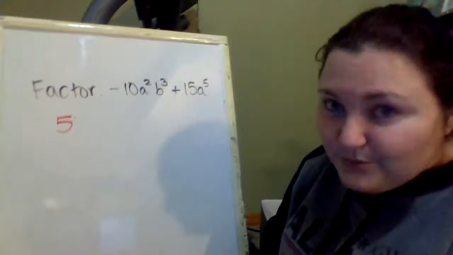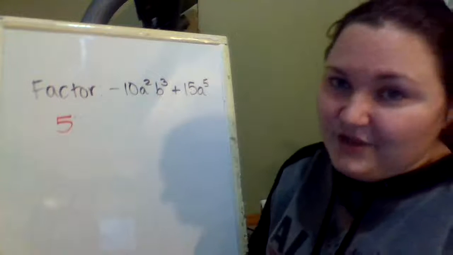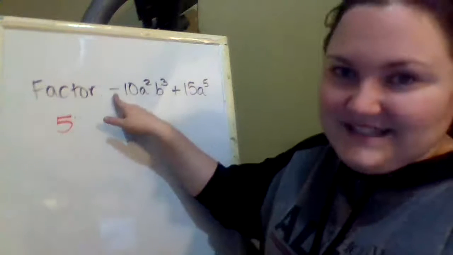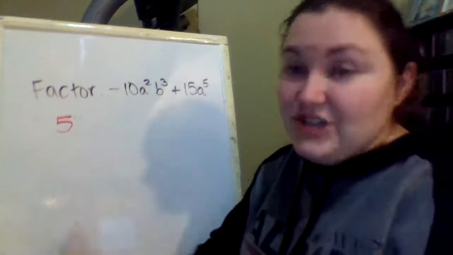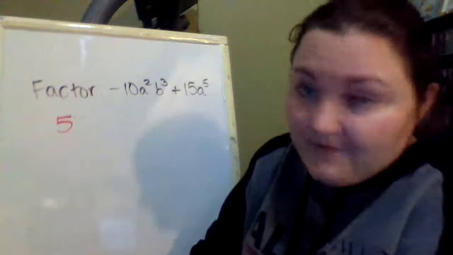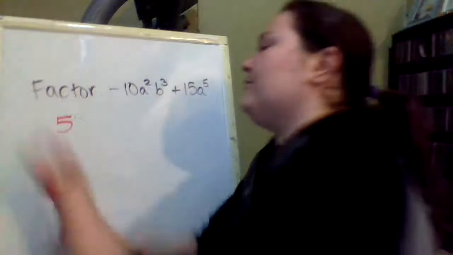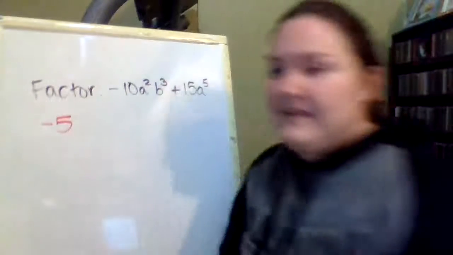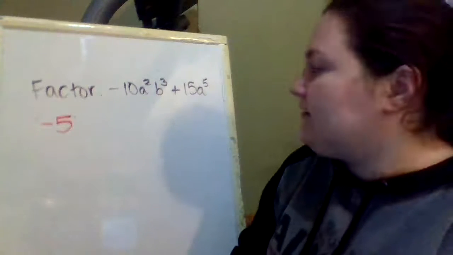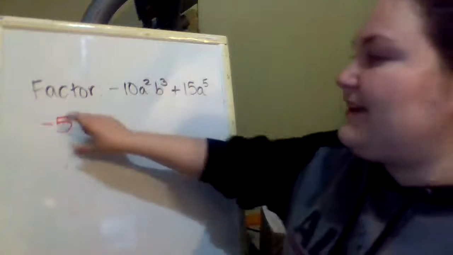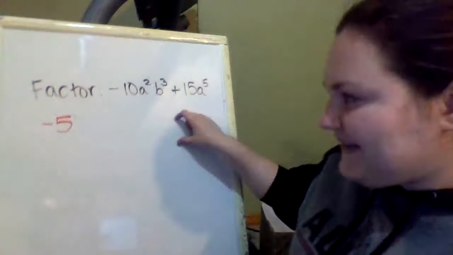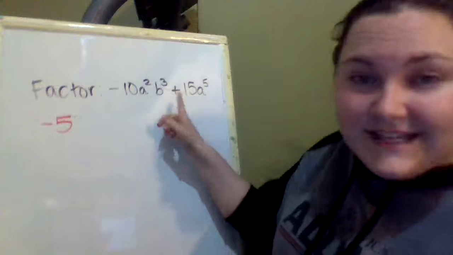Now there is one rule when it comes to factoring polynomials, and that has to do with this negative sign here. In general, the rule we follow is that if this first term is negative, we're going to write our GCF with a negative sign. There's actually a lot of different ways you could write something with multiplication that equals this.